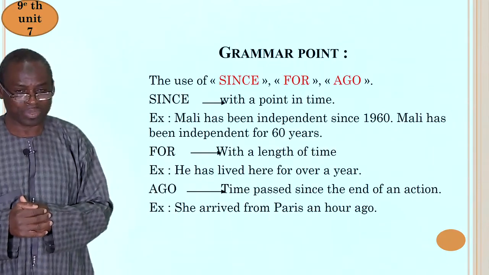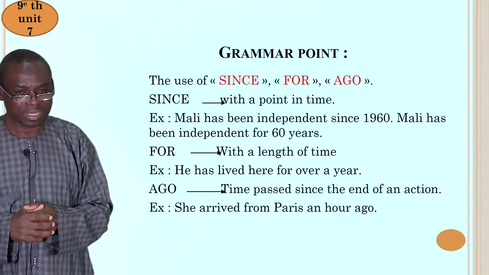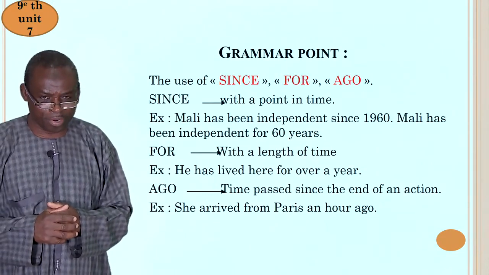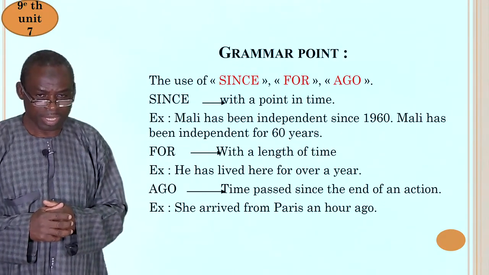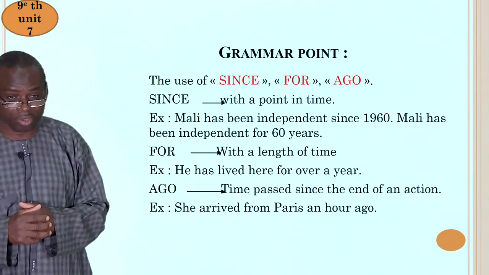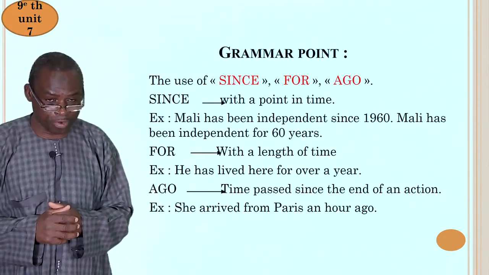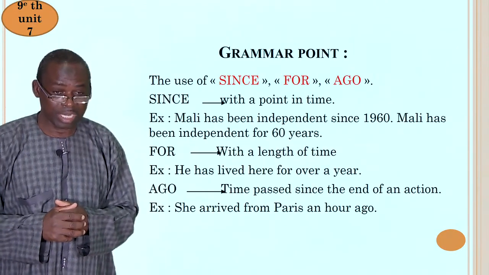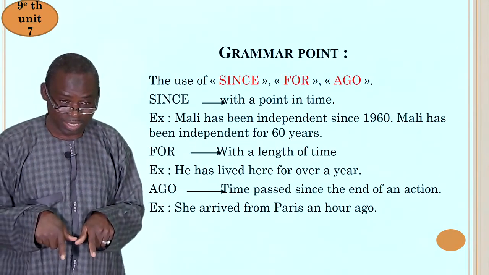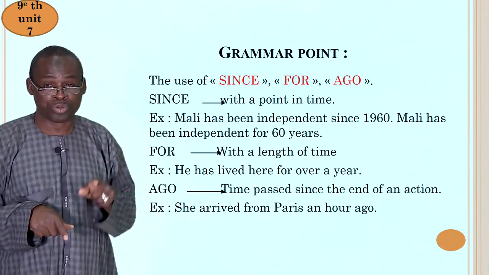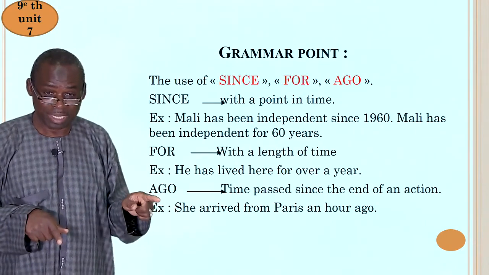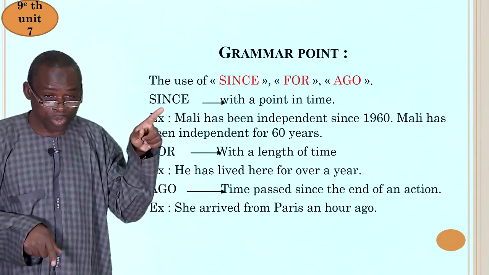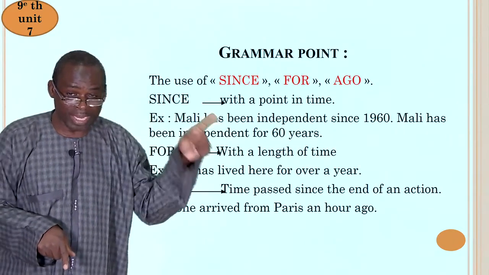Example again. He has lived here for over a year. Il vit ici depuis plus d'une année.